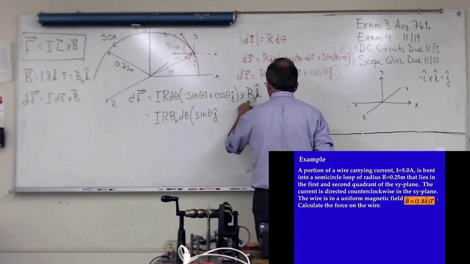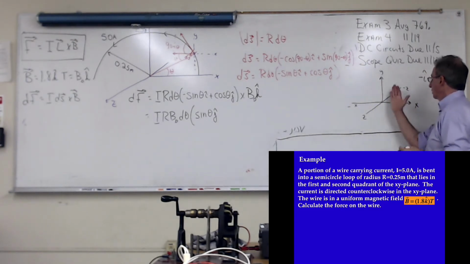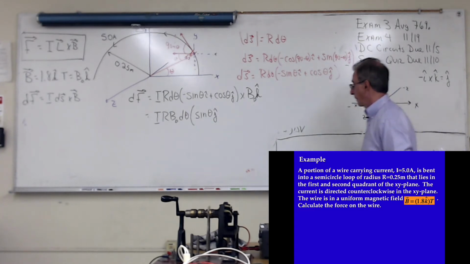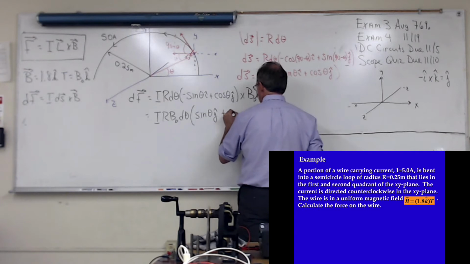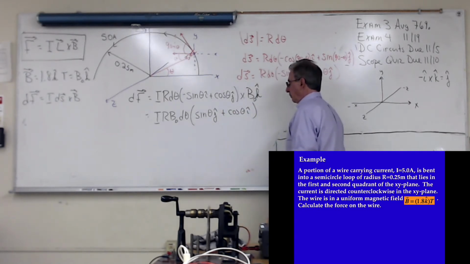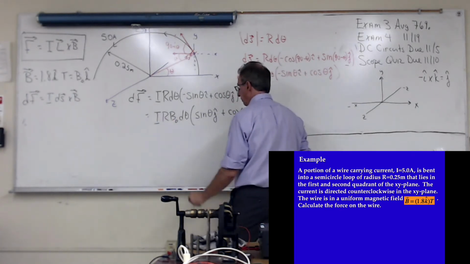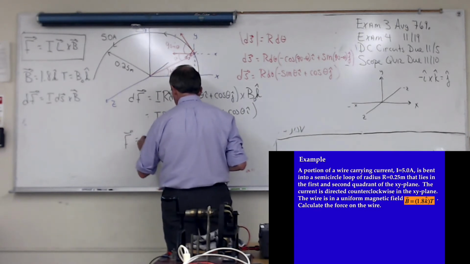And what is j cross k? Put your fingers in the direction of j, and you got to curl them towards the magnetic field. So it's the i hat direction. Okay, these are all numbers. So then F is going to be the integral.